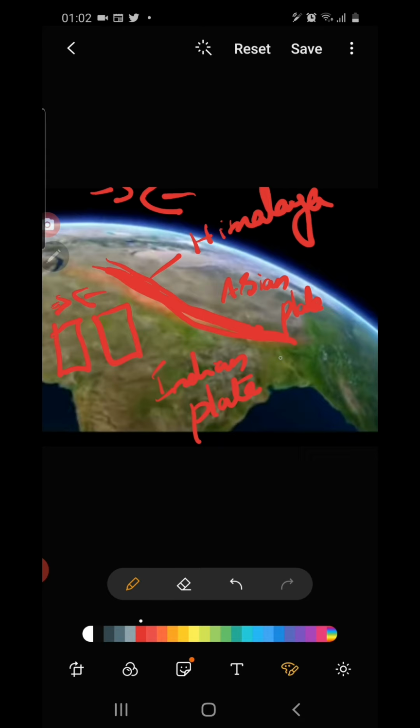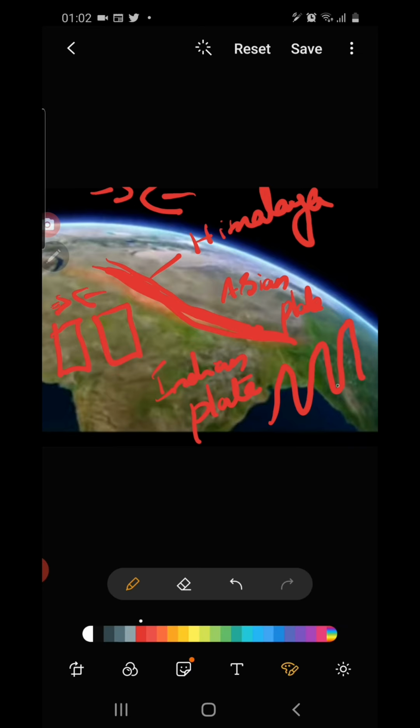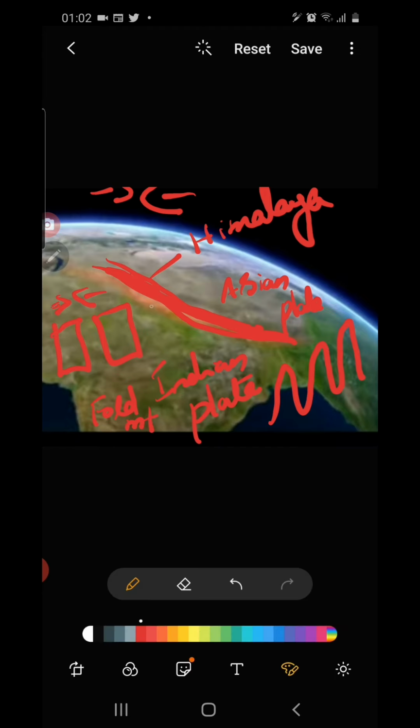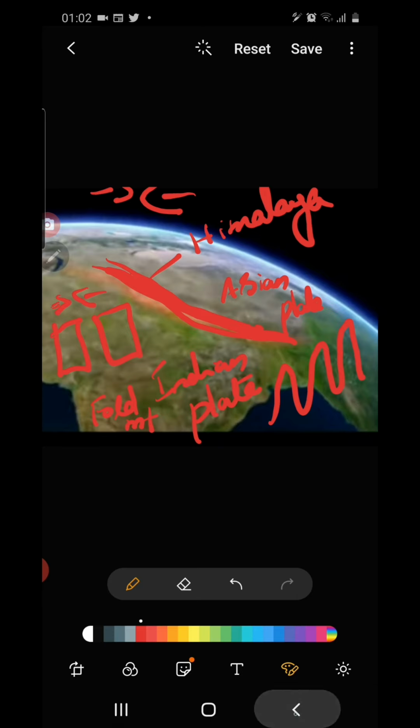So due to the collision, there formed a folding. You see this kind of folding. So when there is this kind of folding of the earth crust, mountains form. What kind of mountain? Fold mountains are formed. So Himalaya is a fold mountain. Understood how this fold mountain is formed? Clear?